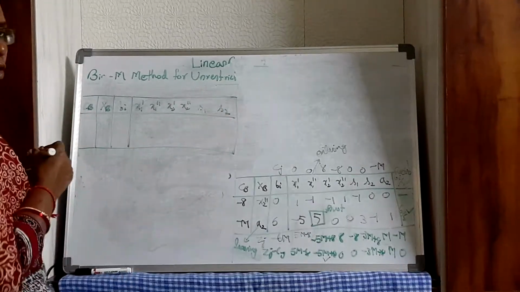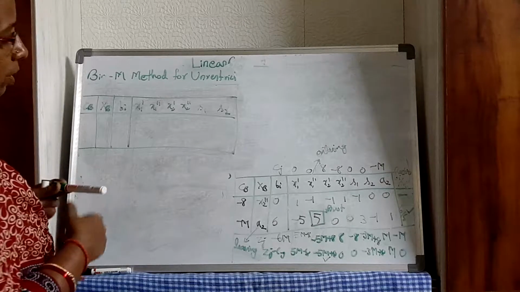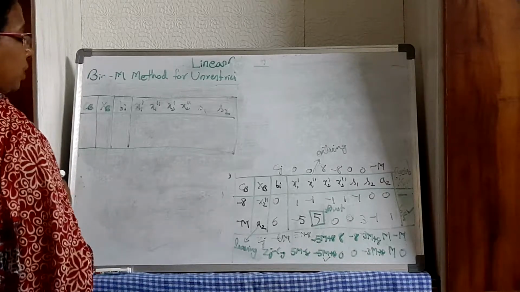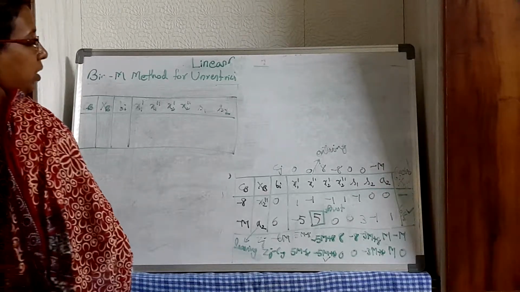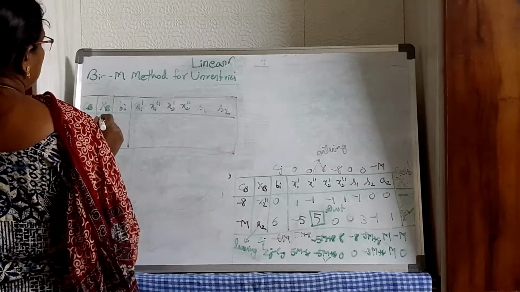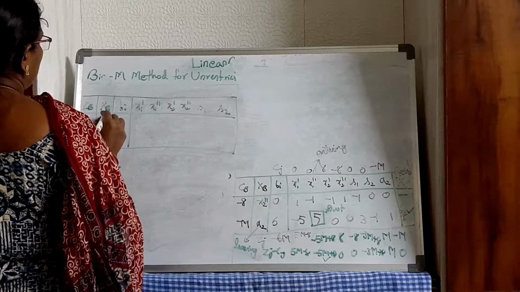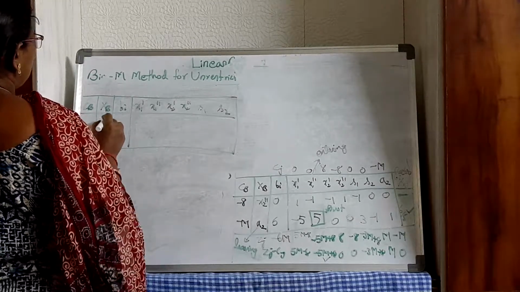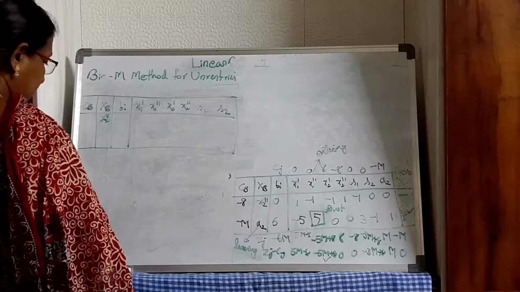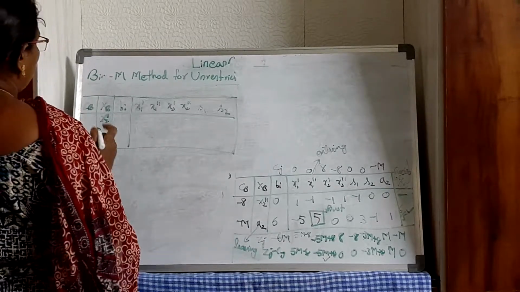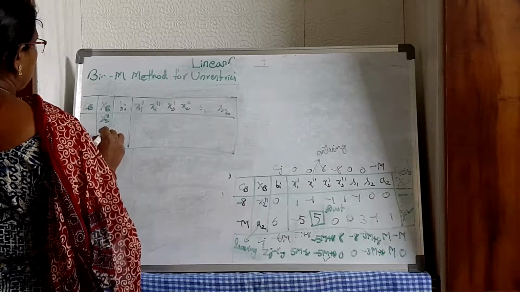I will not write A2 now because A2 has left the basis, so no need to write it. What are the basic variables? You already have x2 double dash. Then a2 is leaving, so in place of a2 you will have x1 double dash.